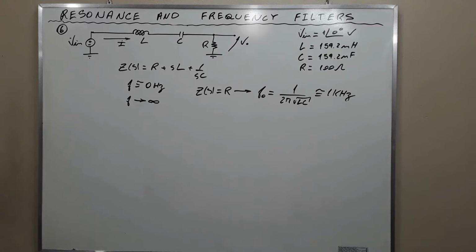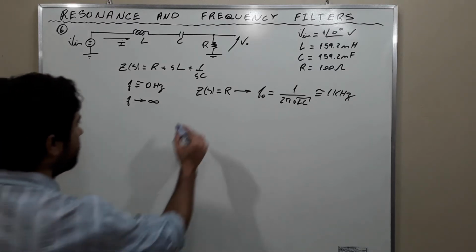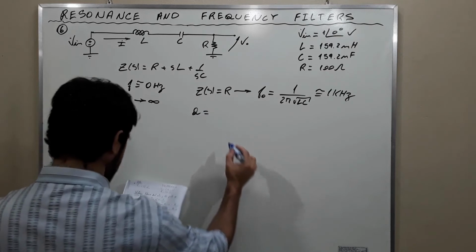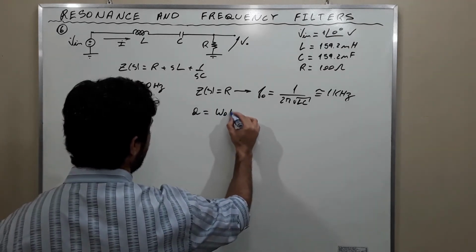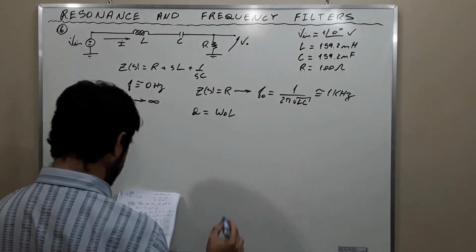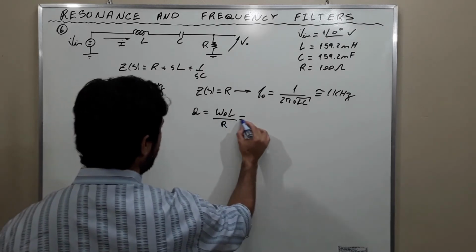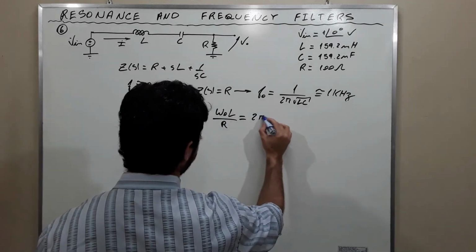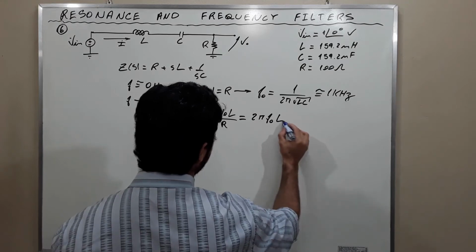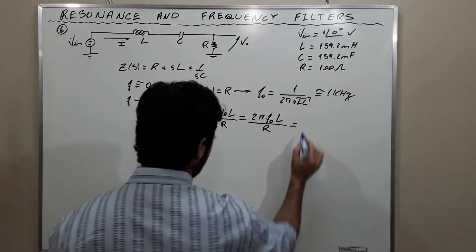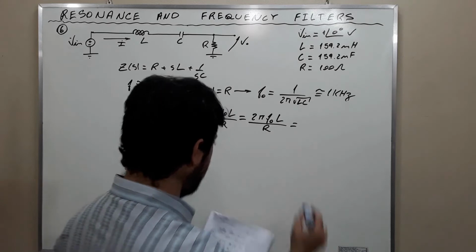This is our first result. Now let's calculate the quality factor. The quality factor represents the degree to which the system is underdamped, or how much it resonates. The quality factor is equal to W0 times L over R, which is equal to 2 times pi times F0 times L divided by R, and this is equal to 10.